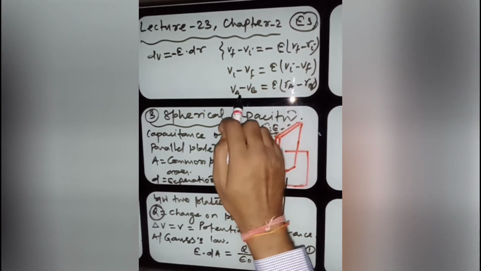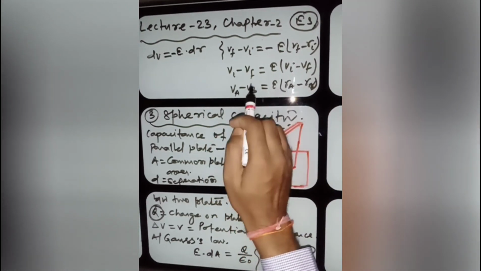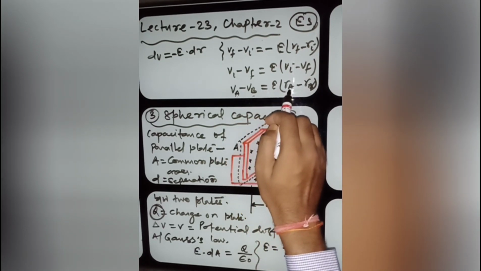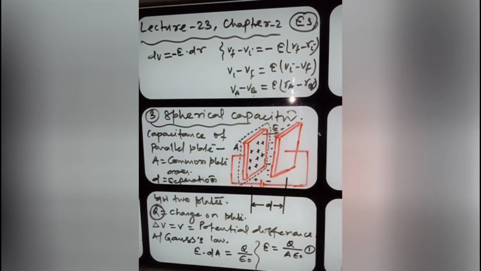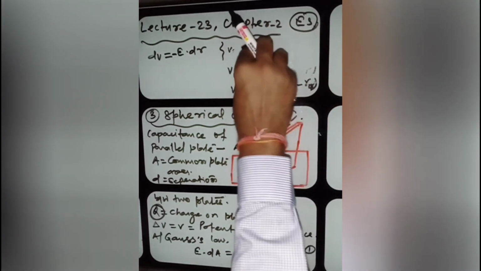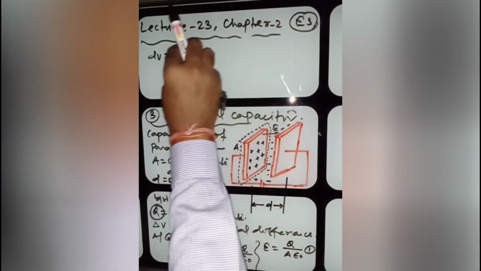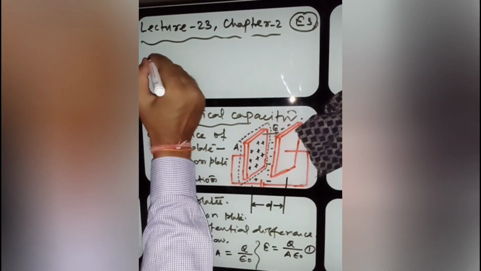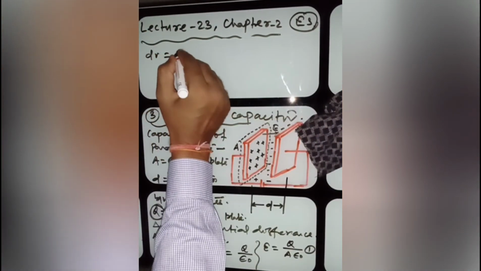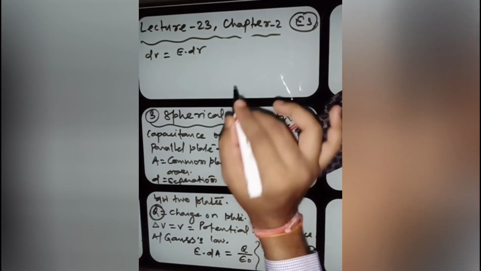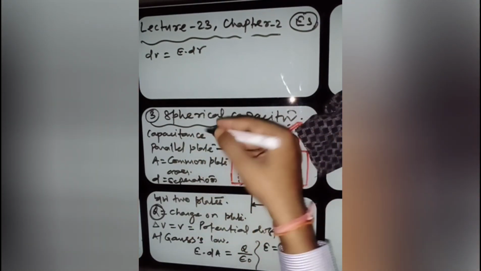So we'll use the limits initial and final, and here we will use the same limits initial and final for the position vector. Okay, my dear students, so I'm rubbing this one. dV is equal to E dot dr. Now I'm not using minus, you know very well the reason behind that.